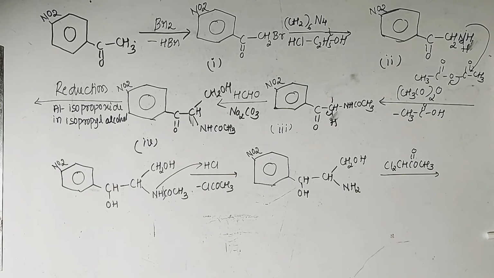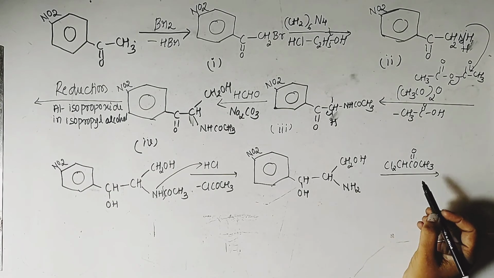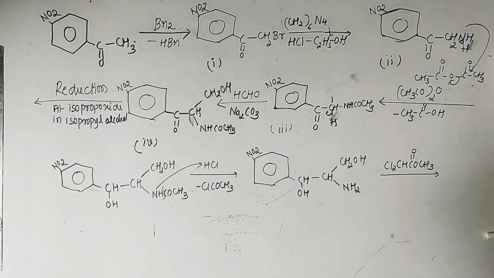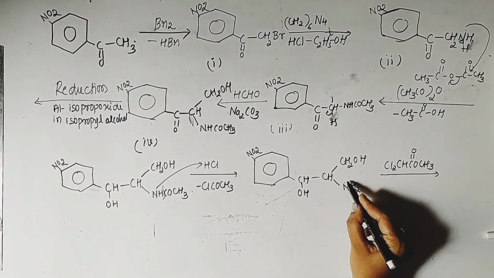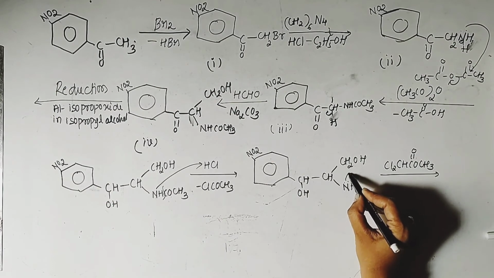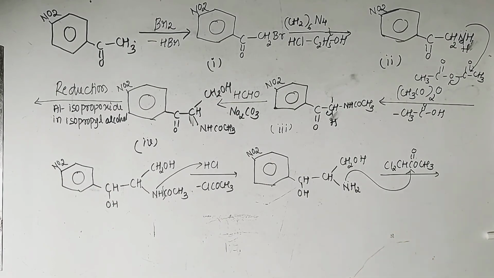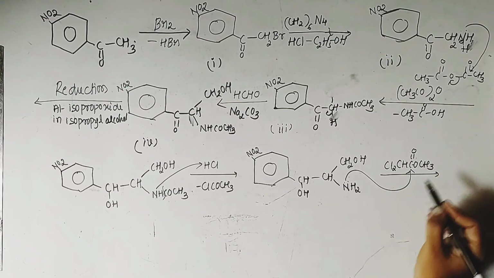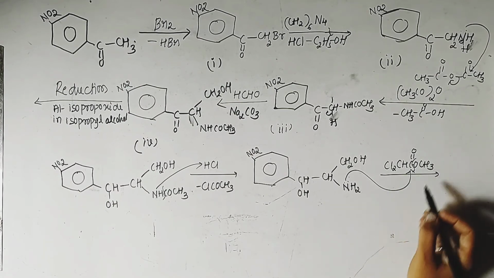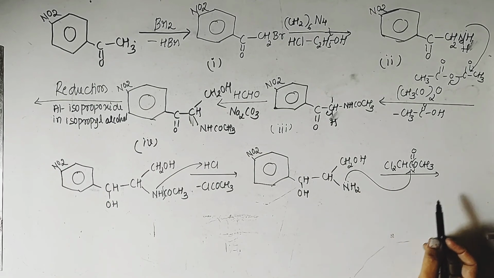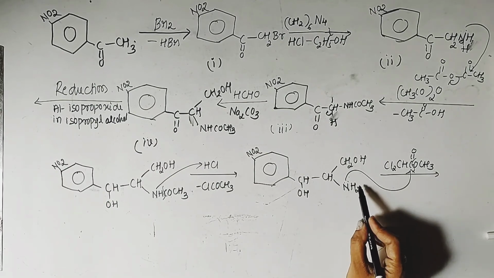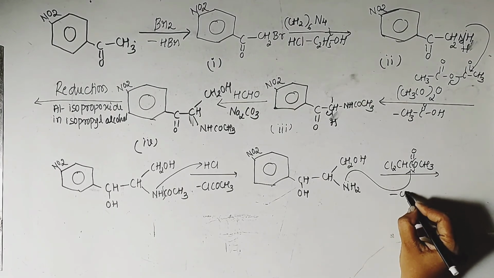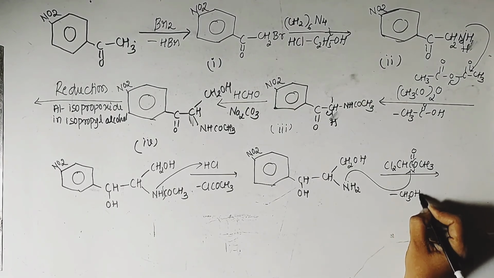Now this amine will attach to this carbonyl carbon. So as it binds with this nitrogen, the bond of this CO breaks and this forms the methoxide. So that methoxide will bind with one of the hydrogens from this amino group and it is eliminated as CH3OH.